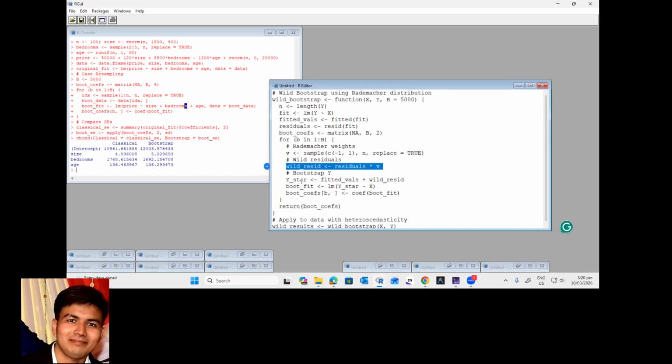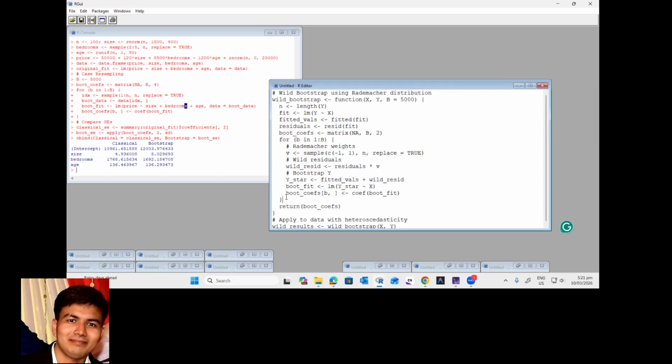After that, for y star, we construct a bootstrap response by adding the wild residual to the original fitted values. The predictor X remains unchanged. The wild bootstrap is a residual-based method that conditions on X. Then in the boot fit, we fit a linear regression to the bootstrap data x, y star.